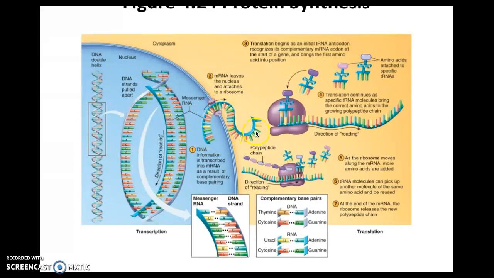It's going to leave the nucleus, go out into the cytoplasm, and each of the three bases on messenger RNA is called a codon, and it's going to get one of these transfer RNA molecules to bring in an amino acid. The transfer RNA molecule is going to bond to each of the three bases on mRNA. It's called a codon.